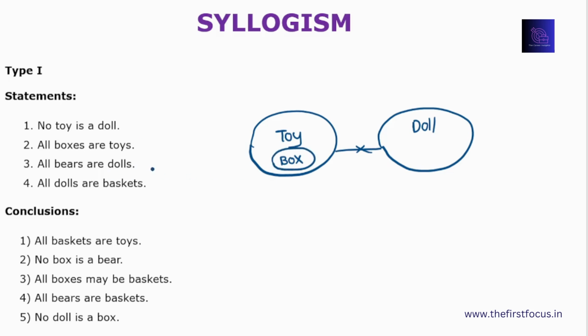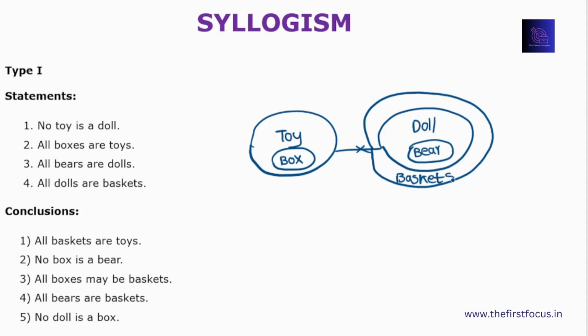All beers are dolls, so we can draw beers inside dolls. All dolls are baskets. Yes, this Venn diagram is as per the statement.